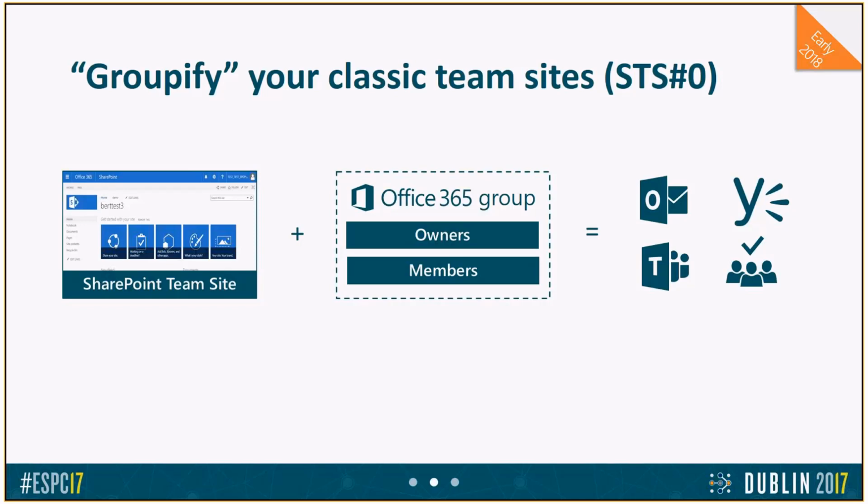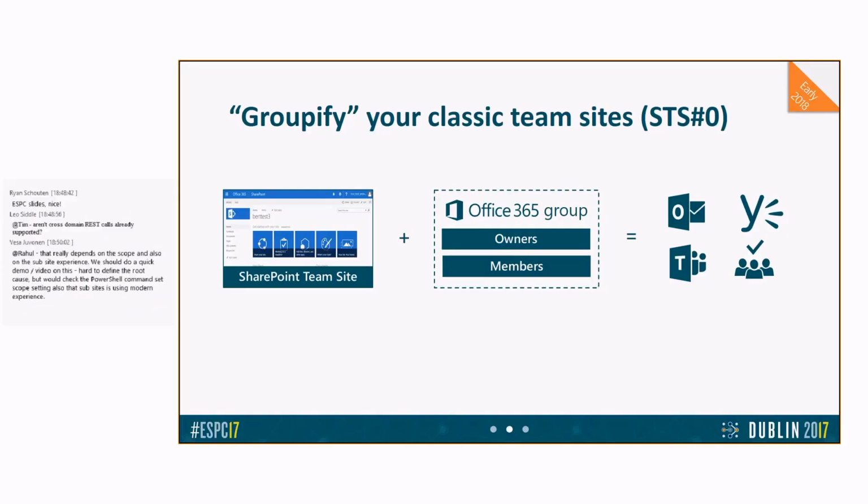No, in this case, take your old SharePoint team site, add a group to it, and connect Teams to it, for example. So, great feature. Now, let's see how it works. This is early 2018 in preview, in the first release. GA is not yet determined, but somewhere next year, I would say.